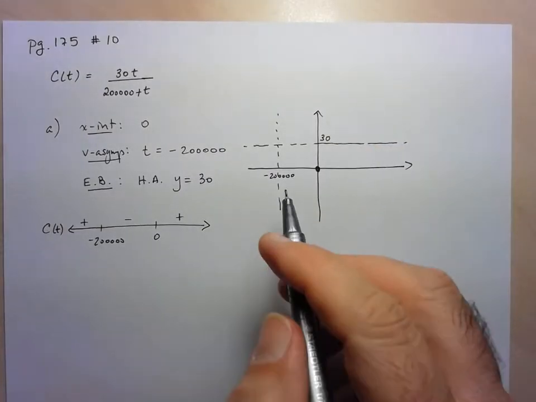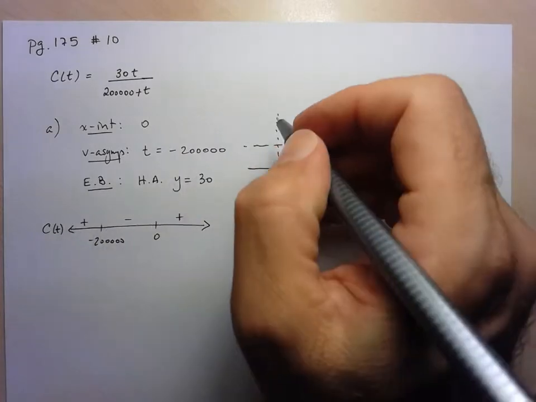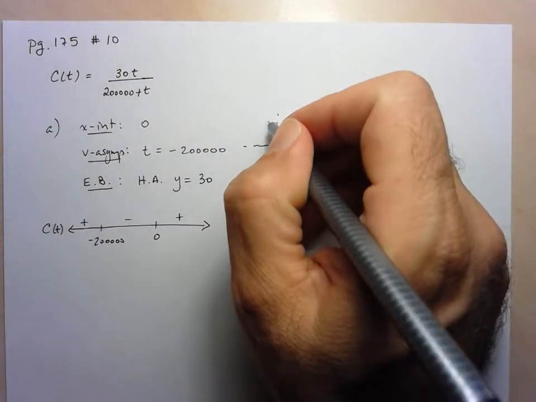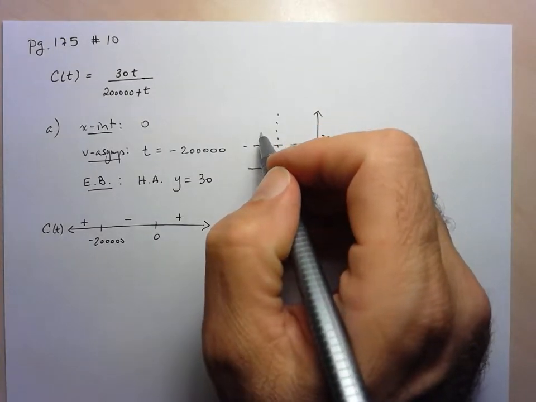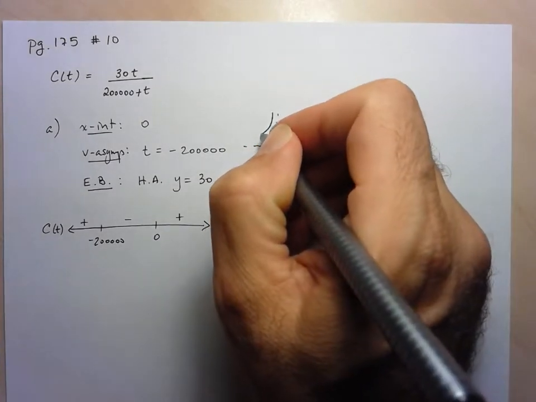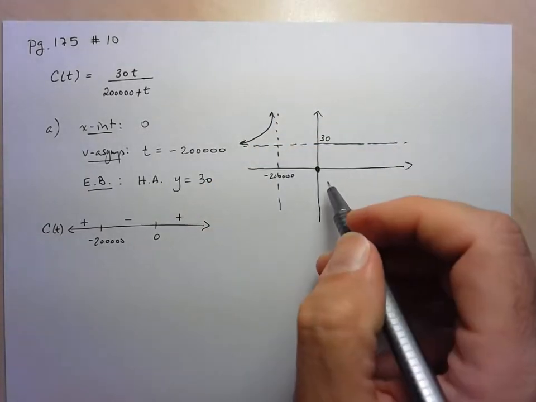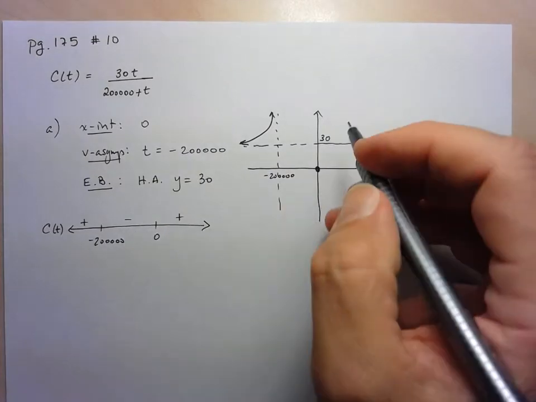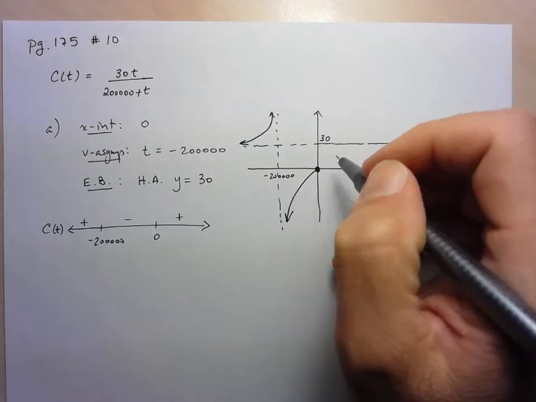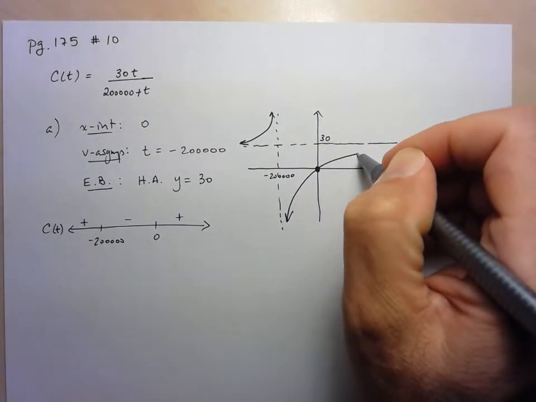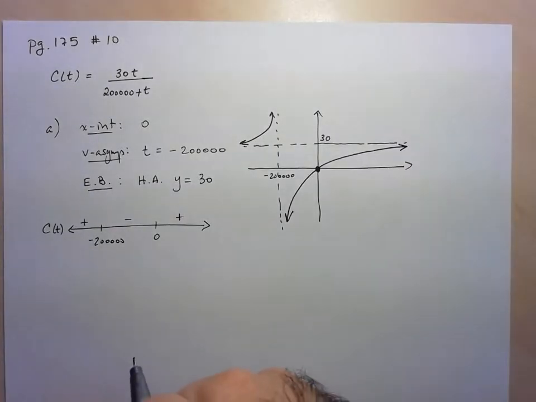Okay, so in this region here, even though I'm not really considering it, I see that it's positive, so that means on one side it must be approaching the vertical asymptote to positive infinity here, and then it'll go towards the horizontal asymptote of y equals 30. Okay, and then here we're going from negative to positive, so that must be going to negative infinity along that asymptote, and here it's going to be approaching our horizontal asymptote of y equals 30. Okay, so our graph looks something like that.